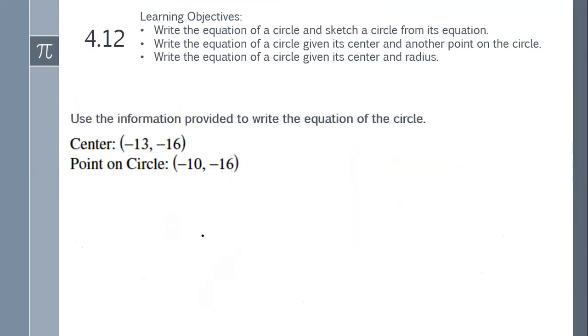All right, so provide the equation given the center, always good to have, so this is h and k, and a point on the circle. So in other words, I have to find my radius, because I need that for my equation. So (x minus h) squared plus (y minus k) squared equals r squared. I'm missing r, not a big deal.